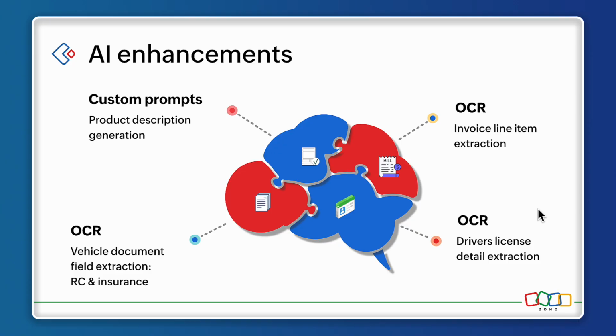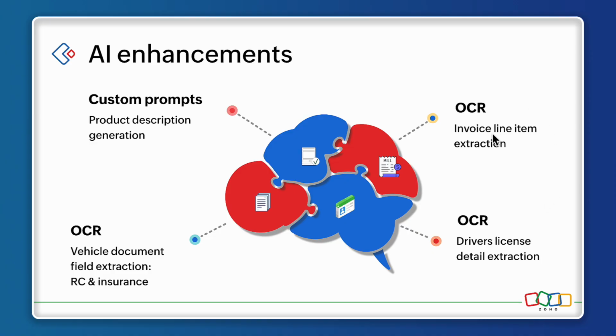Based on the product name, it automatically fetches the product information and auto-populates the respective fields. For example, let's say I'm typing Apple MacBook Pro. I'll just type the product name, and the rest of the information like the product weight and the price will be auto-populated. This is something we have done with the help of AI.